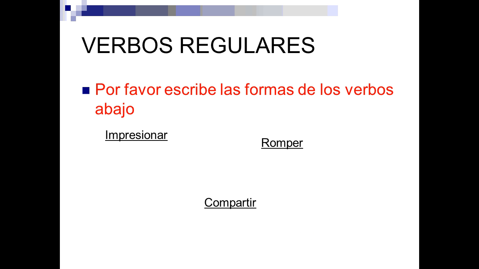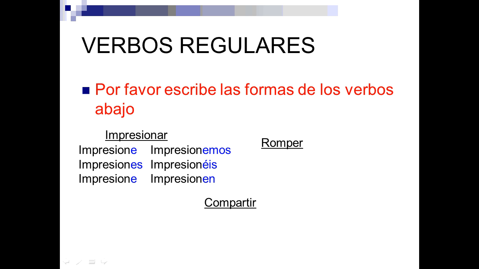Okay, los verbos regulares. Por favor, escribe las formas de los verbos abajo en todas las formas. So I want you to write these 3 verbs, conjugate them in all the forms, and then come back and check them against mine. So you want to pause this. Okay, now that you're back, impresione, impresiones, impresione, impresionemos, impresionéis, impresionen.